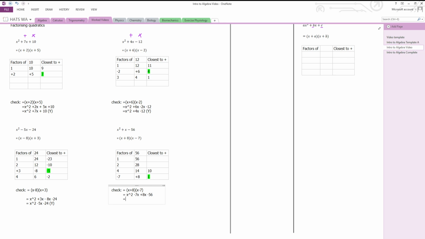Combine that, so plus 8 minus 7 would give us plus 1. So this is really useful to check that you've got the right order, so you might end up with -1 if you did the signs wrong. So make sure you do check. x squared plus x take 56, which is exactly what we started with. So yes, that is what we were looking for.